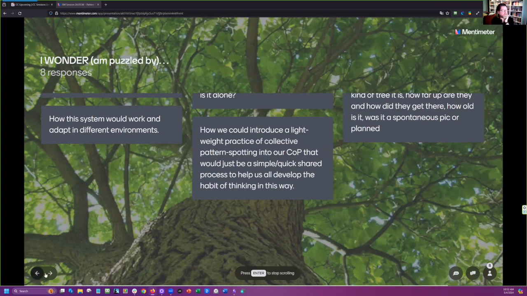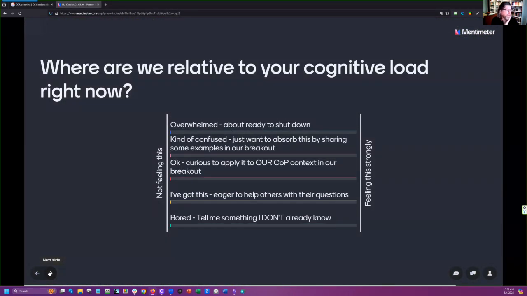I'm curious to know on the next slide, just wondering where you're at as we have been putting some effort into making a cognitive shift. Where are you in your cognitive load, what kind of mental load are you carrying?